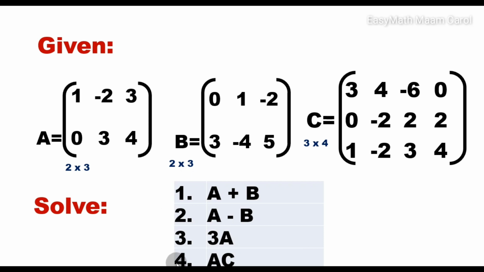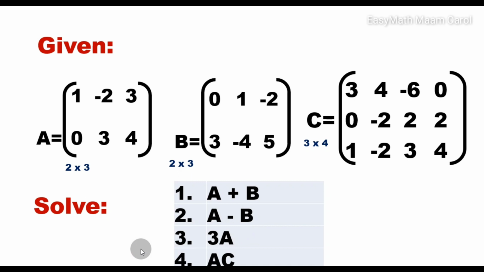So, meron tayo ditong exercises, at ito yung ipaperform natin na operation. Para dun sa una, we are going to add matrix A to matrix B. So, add natin silang dalawa. Second, yung matrices na A at B, magpa-perform tayo ng subtraction.